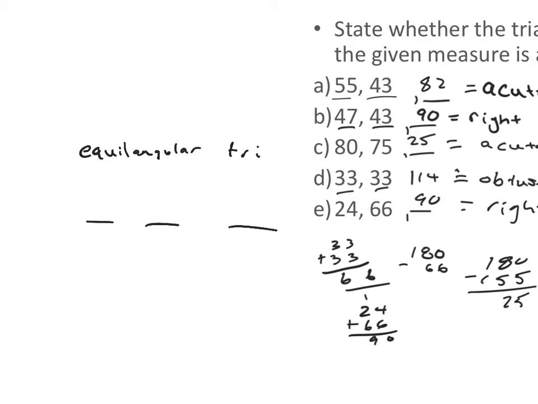I could tell you all three of them, just based on what I said. It has to be 60, because think about it. If there is 180 degrees in a triangle, and each of these are exactly the same, well, that's 180 divided by 3, and 180 divided by 3 is 60, 60, and 60.